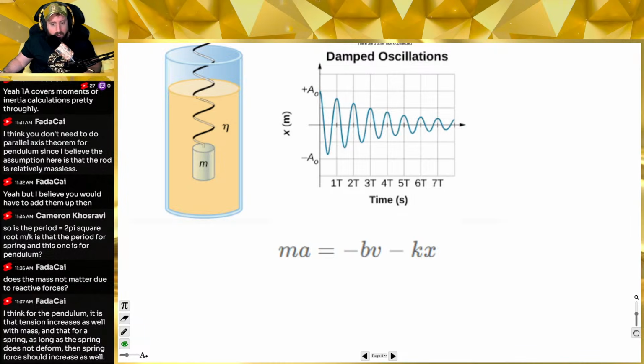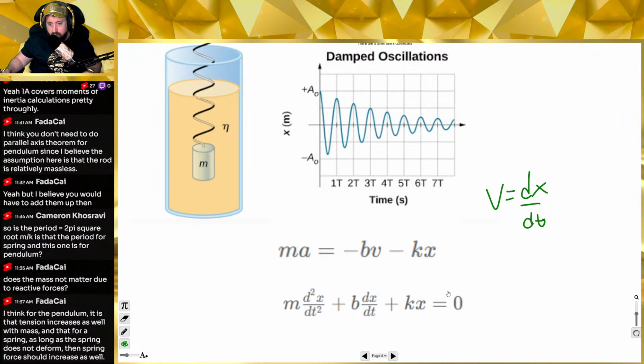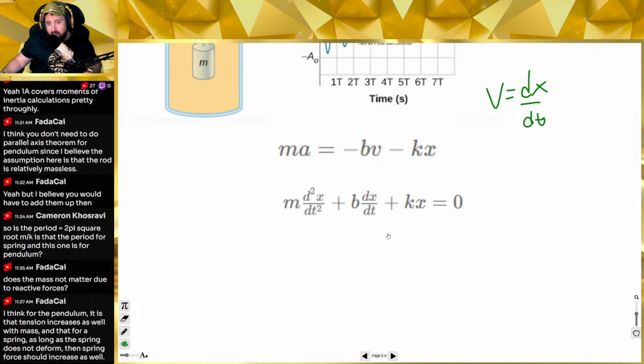Okay, cool. Now if we write this out as a differential equation, and we remember that v is equal to dx/dt, all we did is move this stuff over to the side and substitute in dx/dt for v, and now we have this.